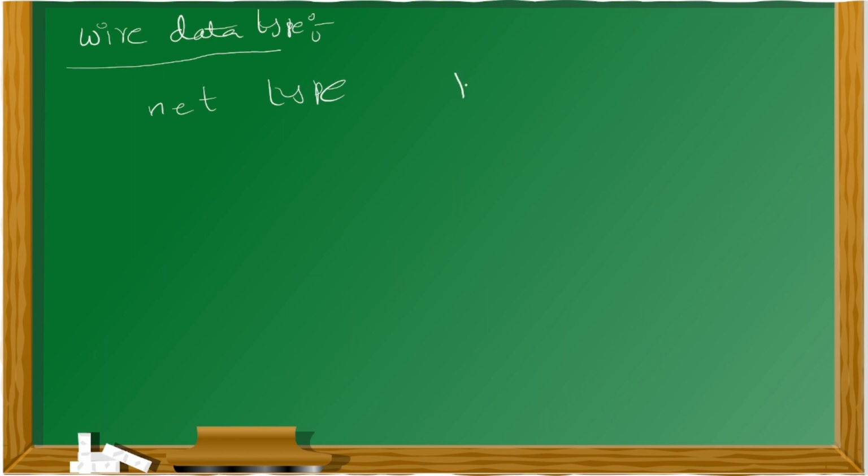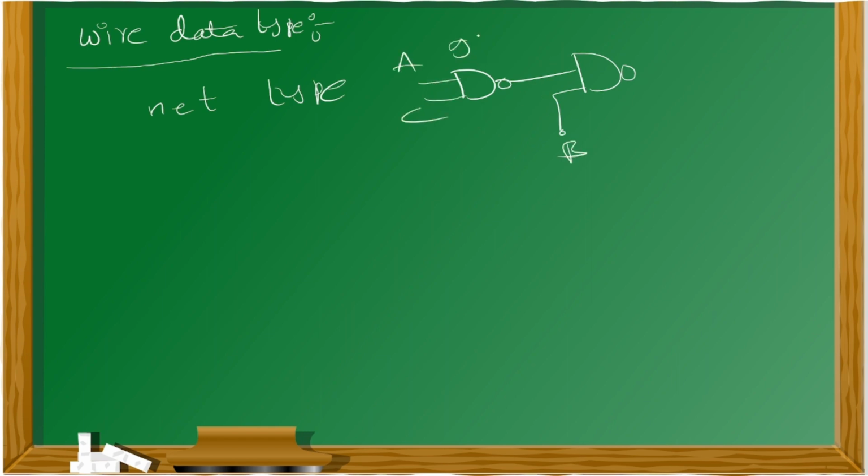So our first topic is the wire data type. The wire data type is a net type data type. Simply, wire means this is one gate and this is another gate, with B input, A and C input.